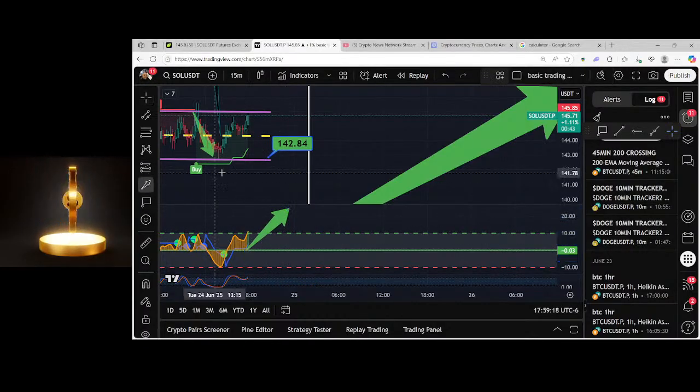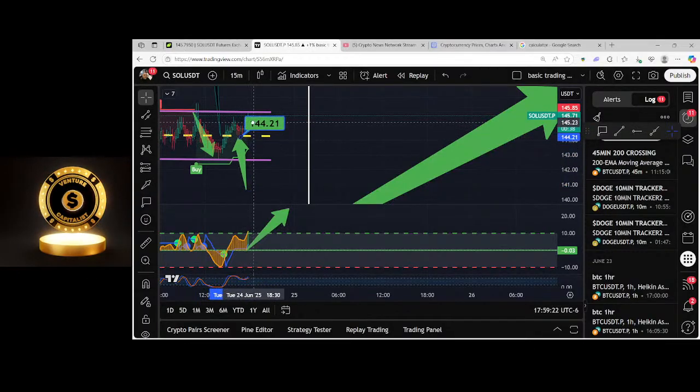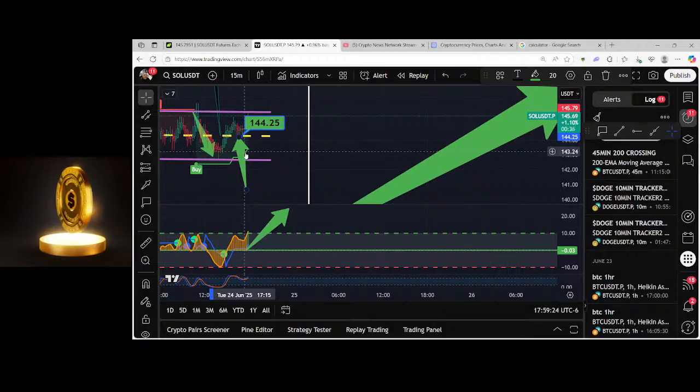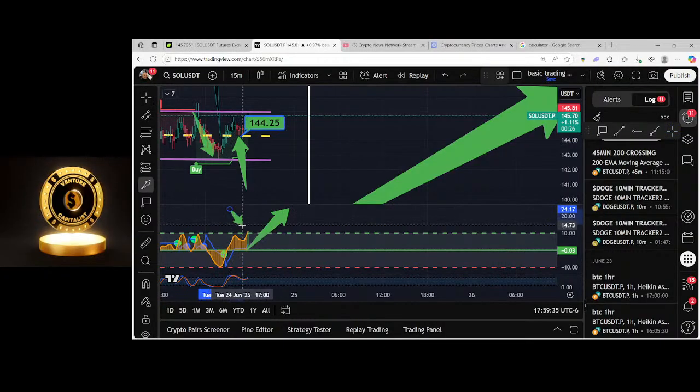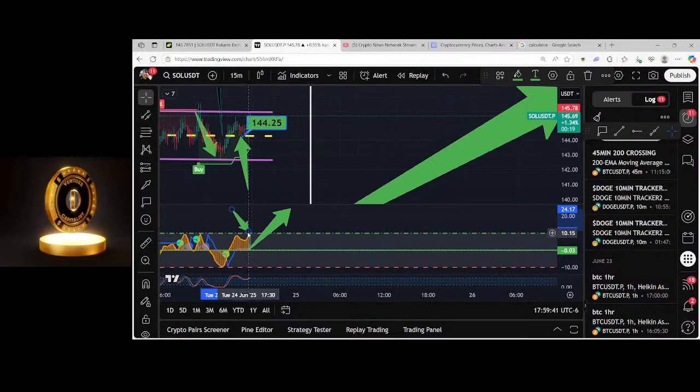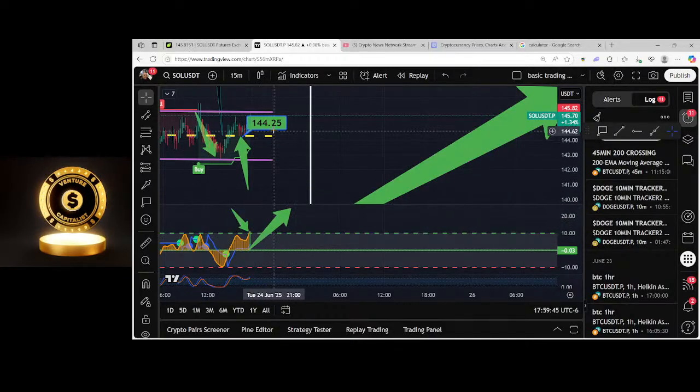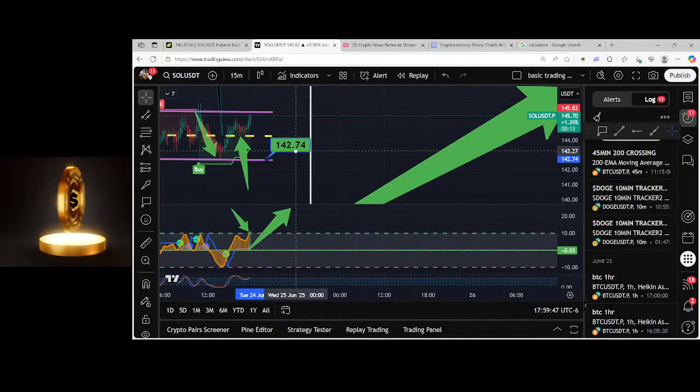Which means we would have been buying right at this level of 144 for Solana, because this is showing momentum. This is a good time to buy Solana, because the volume is breaking above the 10 threshold on the 15-minute, which normally indicates a strong amount of money coming into the coin.